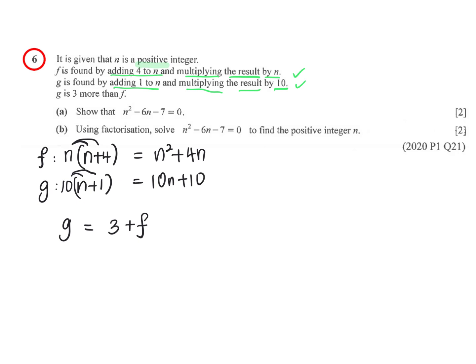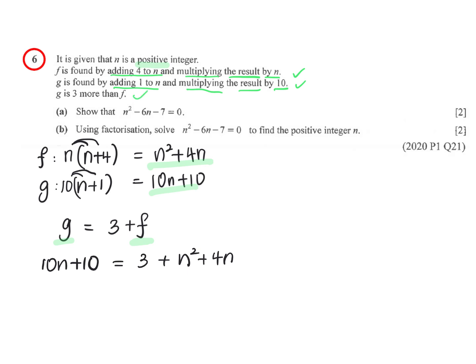So in this case, we're going to replace our values over here, our expressions, by f. So f will be this and g will be this. So g is now 10n plus 10 equals 3 plus my f, n squared plus 4n. So I've just interpreted this statement.